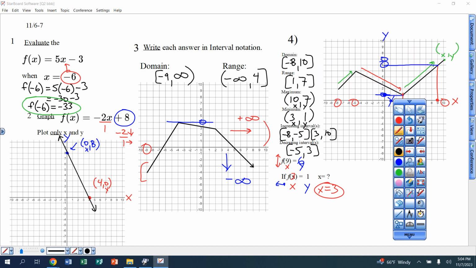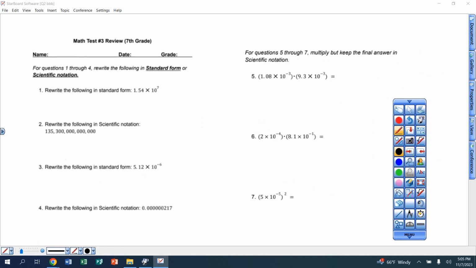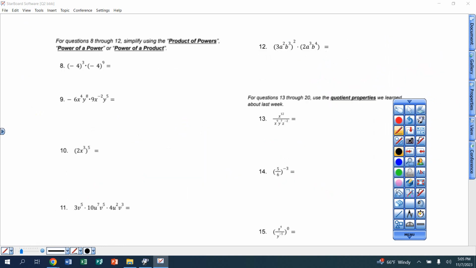So looking at those problems with all those exponents, is it starting here? On 13? It starts in 13. All right. So I'm looking at 13 right here. The only exponents I could even deal with are these x's. You see that?